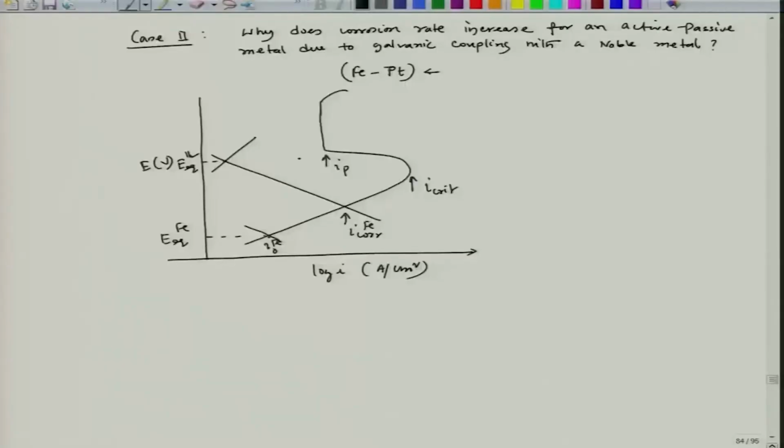Those platinum zones will be acting as centers for increased hydrogen evolution, because the exchange current density of hydrogen on a platinum surface is much higher than the exchange current density of hydrogen evolution on the iron surface. So, that increases, let us say the increment is here. This becomes the new exchange current density of hydrogen on platinum surface, and this becomes my hydrogen I0 on iron surface. Fine.